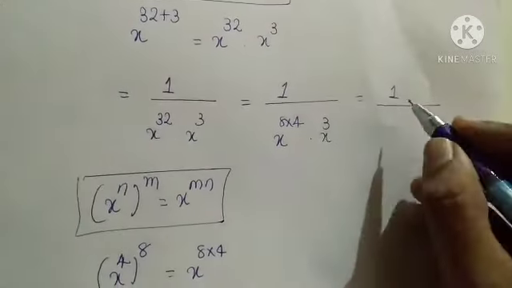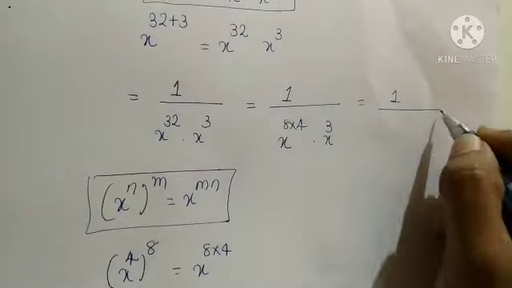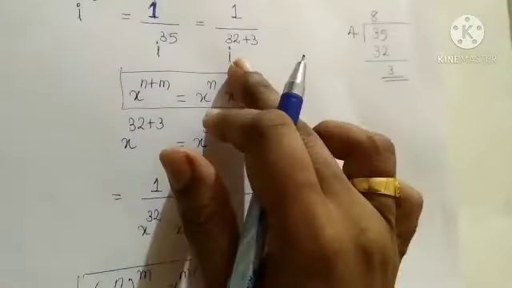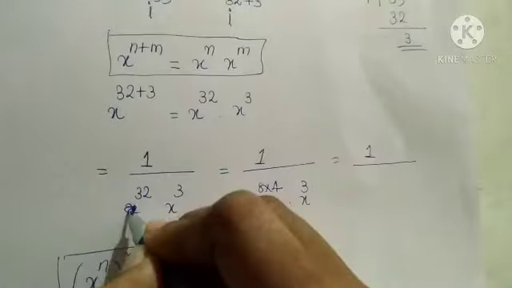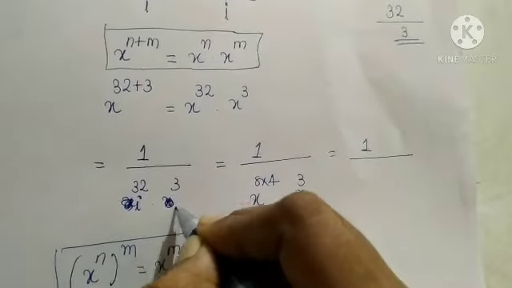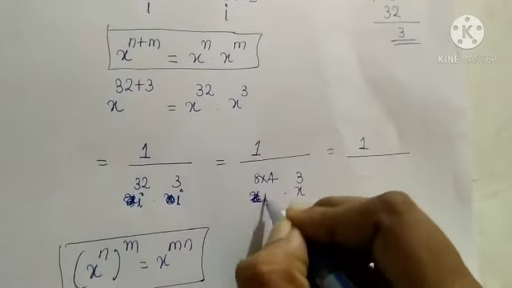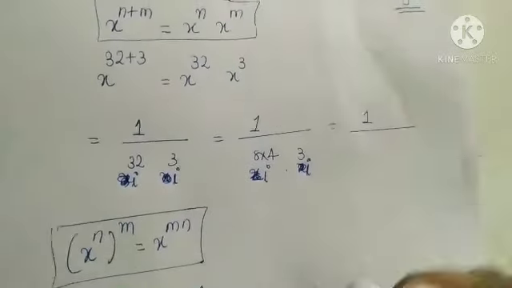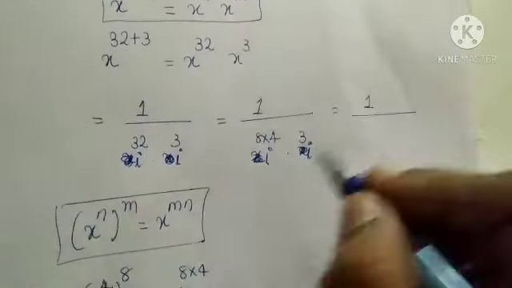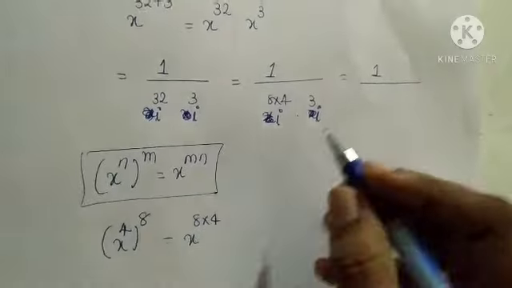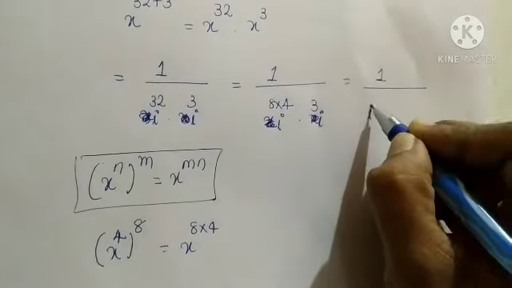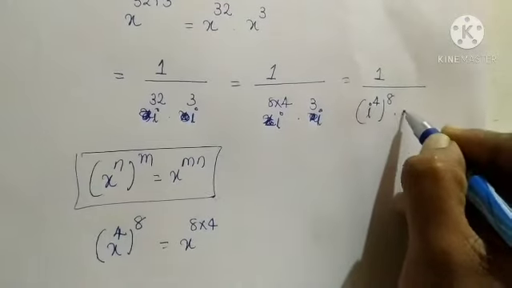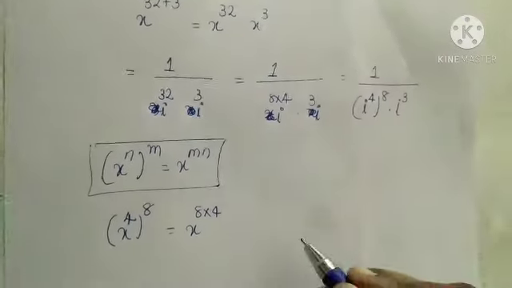Right? So next I am going to write this 1 divided by, these are not x, this is I raised to 8 into 3 into I cube. Okay. So this can be replaced by I raised to 4 whole raised to 8, into I cube remains the same.